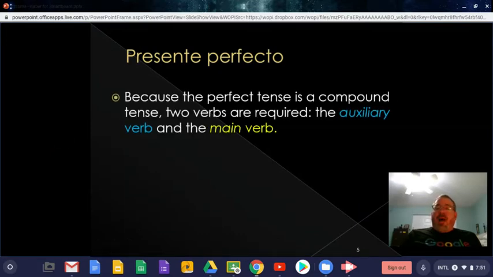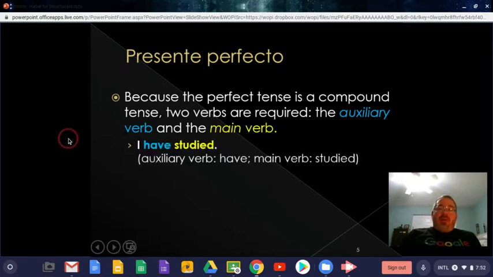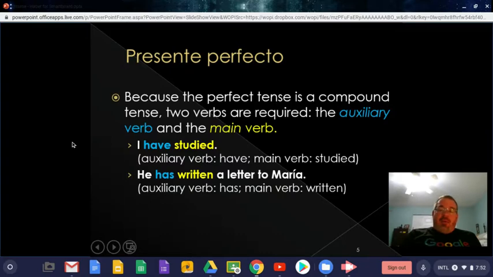Okay, the next part is a little more of how we construct the perfect tense. It's a compound tense, meaning there are two verbs. The aux verb, which is the verb haber, and the main verb, which is whatever verb you're dealing with, whether it's lived, studied, eaten, whatever it is. In this case, I have studied. Have is the aux verb, which is haber, and the main verb is studied. He has written.